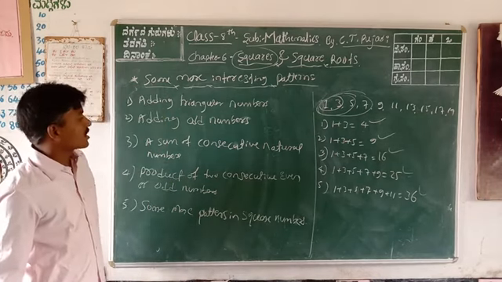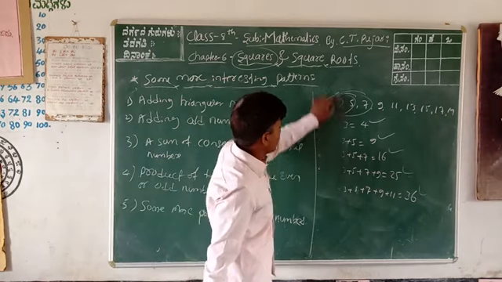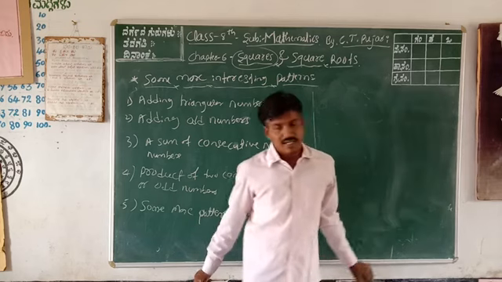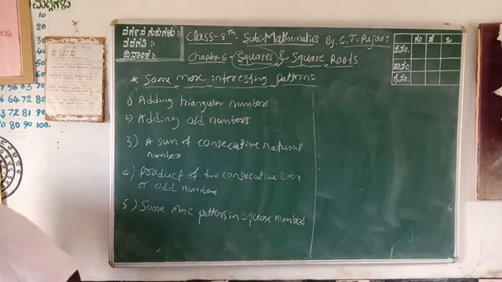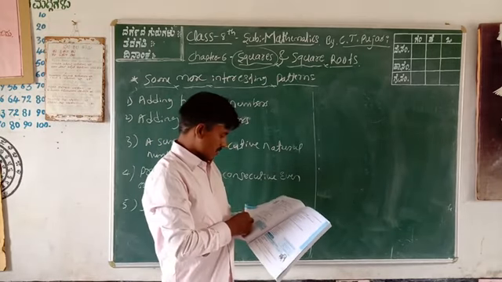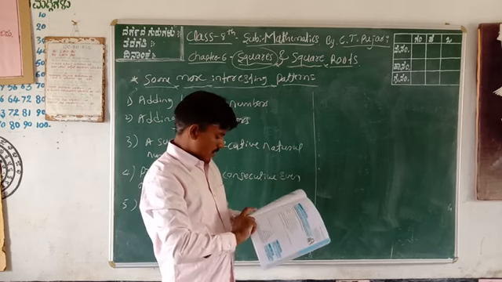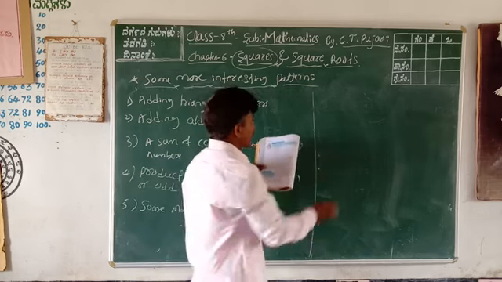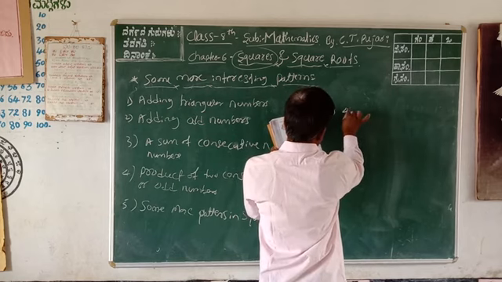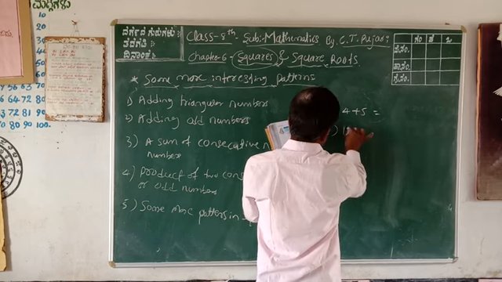The sum of consecutive natural numbers. The sums of natural numbers here are perfect squares. What are the natural numbers? Consecutive natural numbers. First one is 4 plus 5. The second one, 12 plus 13.